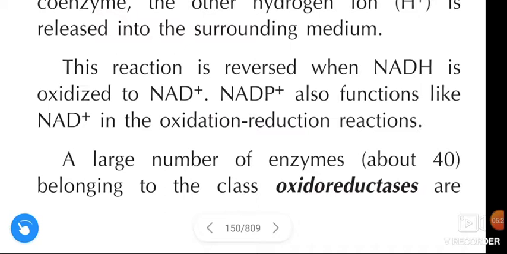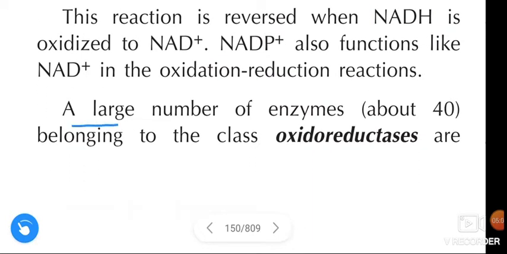That means in conversion of NADH to NAD plus, H minus is released. See here, NAD plus and H minus gives NADH. Plus and minus cancel and form the NADH.